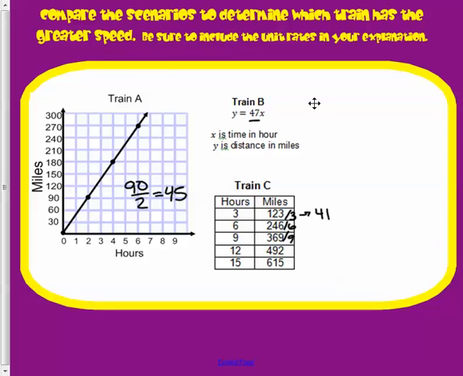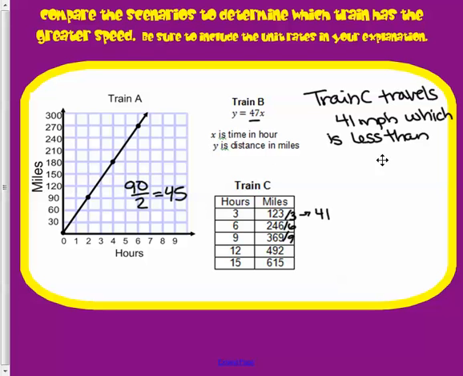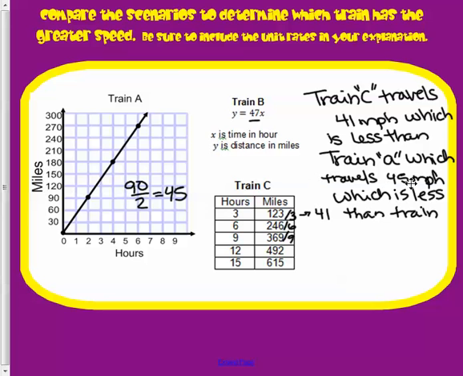So if we were looking at this, we would write train C travels 41 miles per hour, which is less than train A that travels 45 miles per hour, which is less than train B who travels 47 miles per hour. So we wrote in a complete sentence answer, and all of our unit rates are shown. Make sure that you circle them for me.